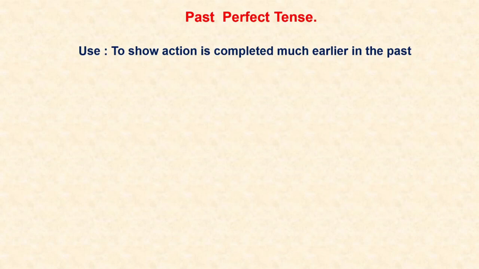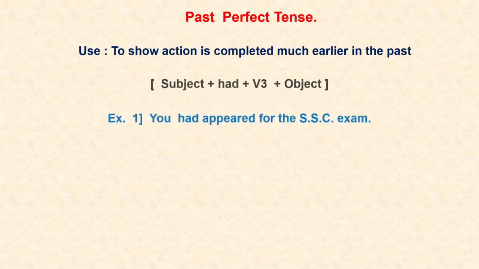The next is past perfect tense, and we use it to show an action completed much earlier in the past. Here, much earlier means much time has passed, and the formula is subject, had, V3 and object. Look at the first example: You had appeared for the SSC exam.